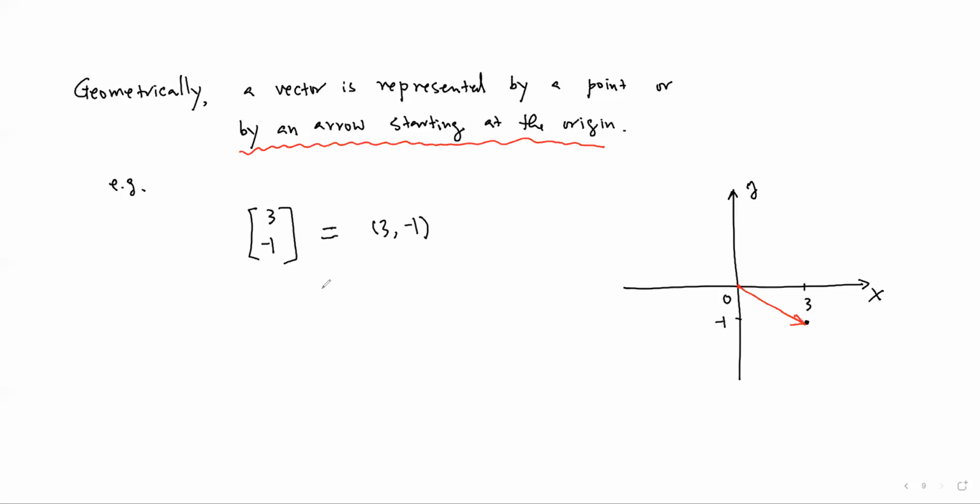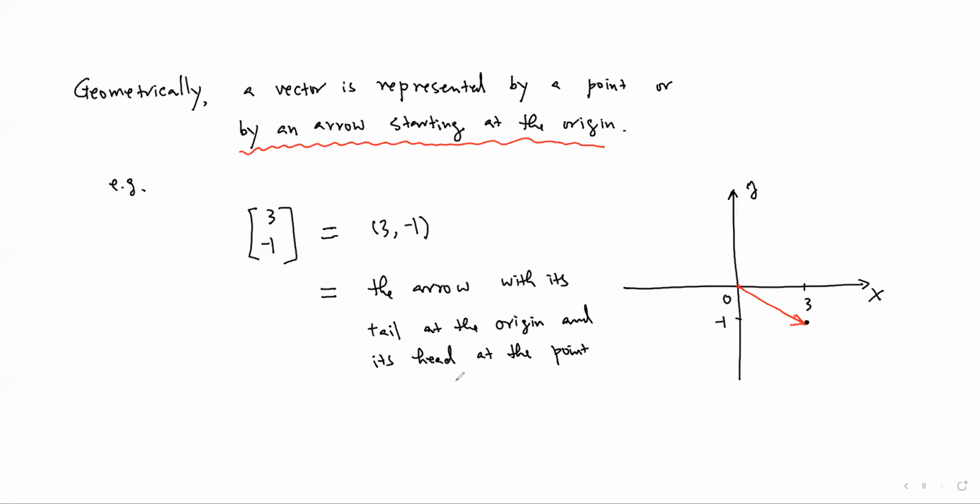And it is also equal to the arrow on the XY plane with its tail at the origin and its head at the point. Which point? This point, 3 negative 1.